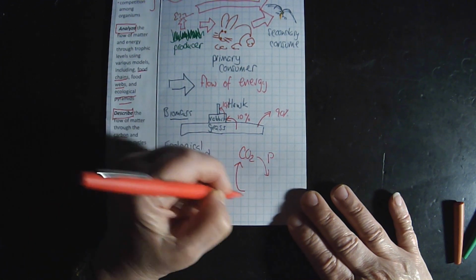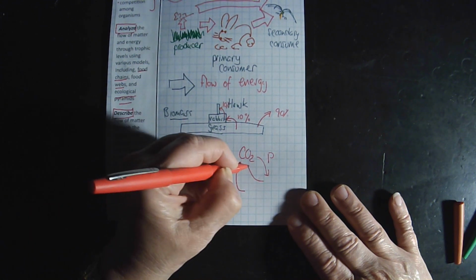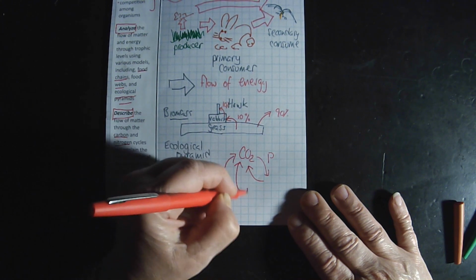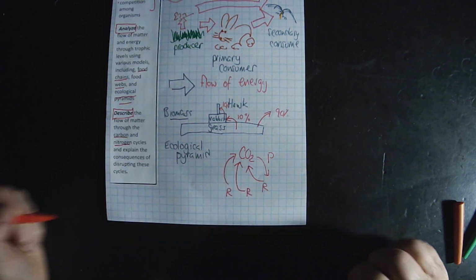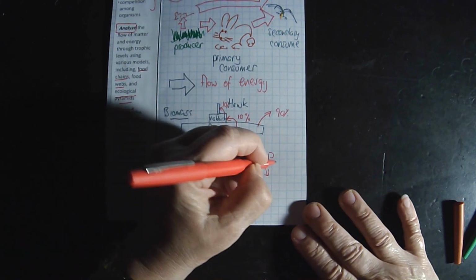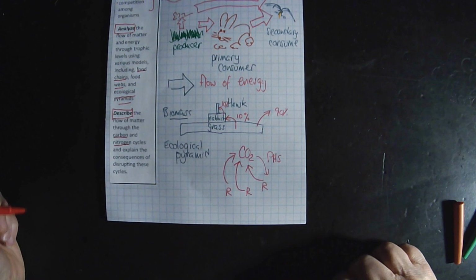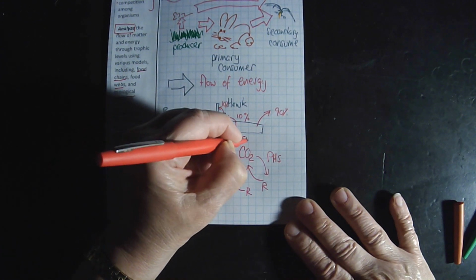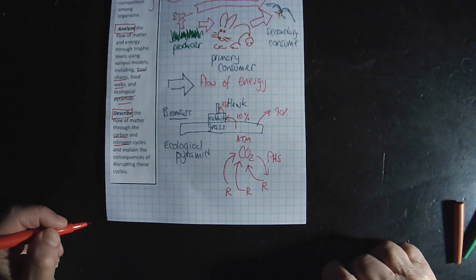We know everything else, including plants, turn CO2 back into the air because of respiration. Think about it. When we breathe in oxygen, we breathe out carbon dioxide. Okay? Photosynthesis removes carbon dioxide from the atmosphere, from the air. Respiration puts it back in there.